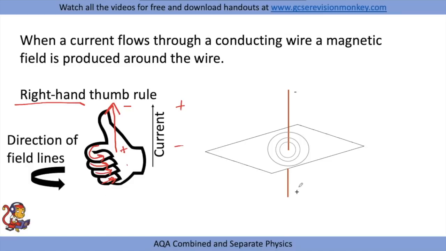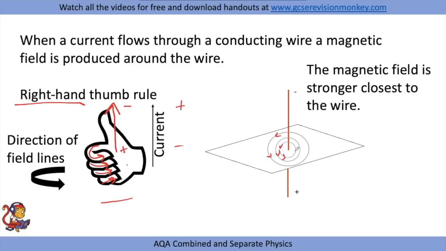So if we use that rule on this wire, you've got the wire travelling up here from positive to negative, the current would be upwards, so we could point our thumb up like shown in the diagram here, and the magnetic field lines would curl round into our palm like so. So we can draw the arrows on the field line going in that direction.